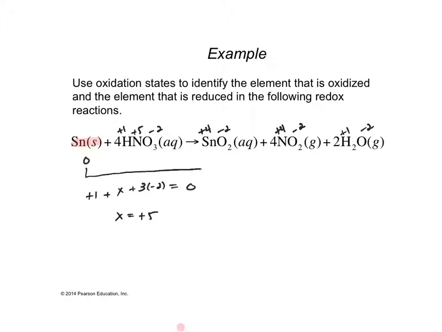So as we go from Sn at 0 to Sn with a +4, the only way to go from 0 to +4 is to lose electrons. So we have loss of electrons here. This is oxidation. How many electrons does Sn lose? 4, right? We go from 0 to +4 because we lost 4 electrons.